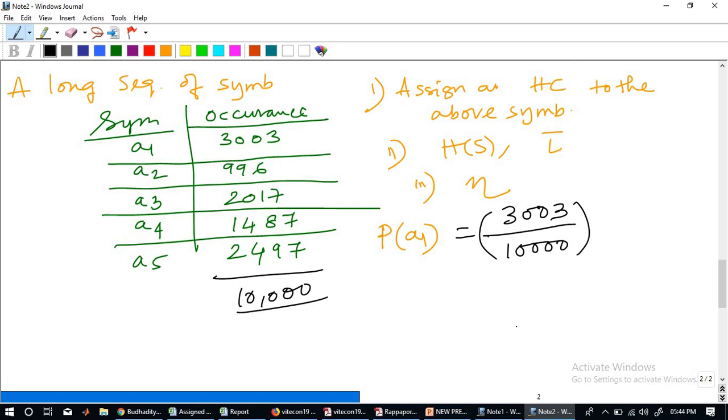Yes, that's a must. The order of the probability in descending order is a must. In each step, whenever you are writing the probabilities, it should be maintained. Otherwise, it will violate the rule of any process of source coding.